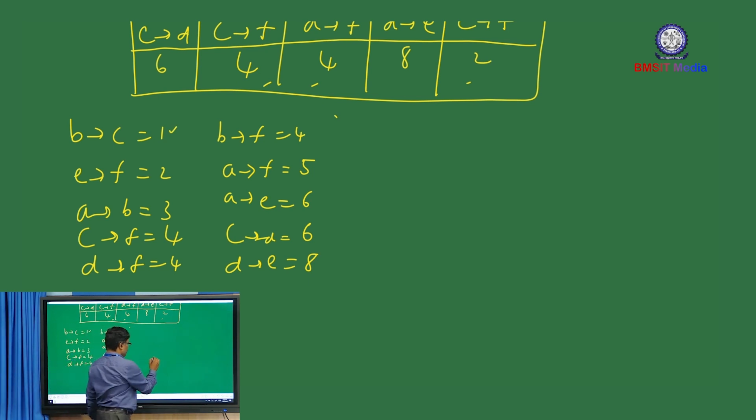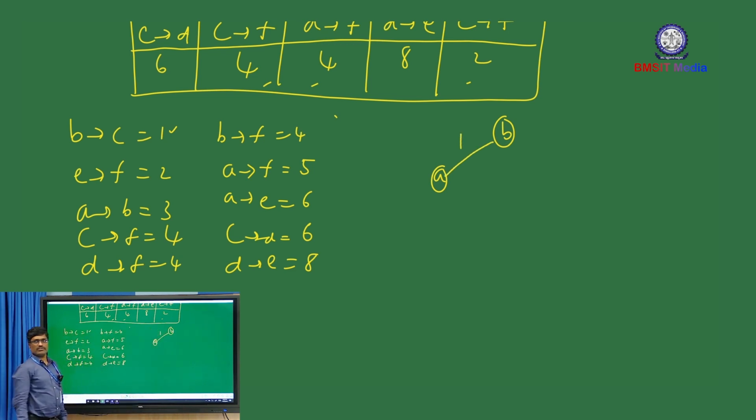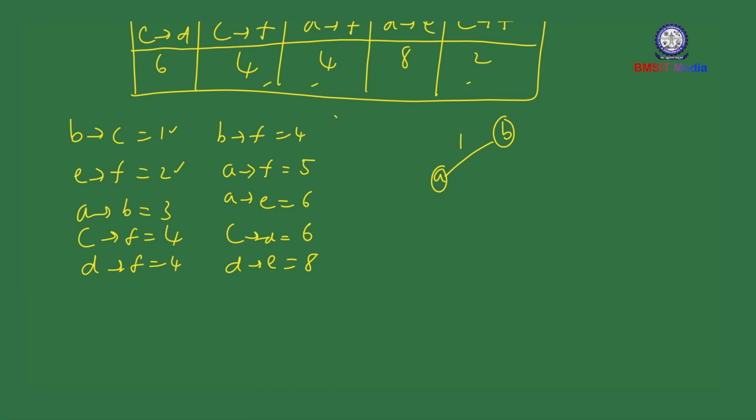Now you have the diagram: A is there, B is there. So now A to B. A to B is nothing but 1. This is step 1. Now the second one is E to F. So we have to draw E to F. Write it according to the original diagram only, because again I cannot go up.